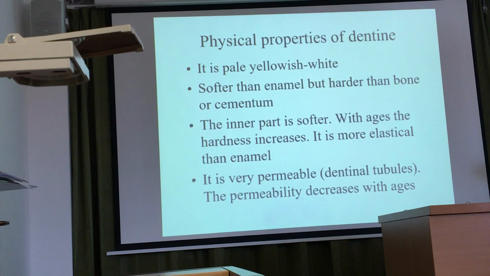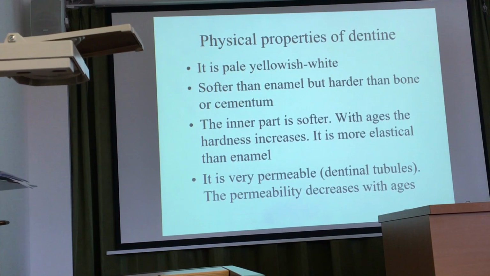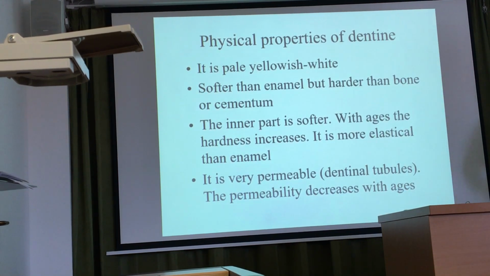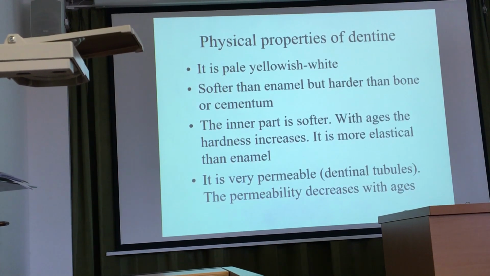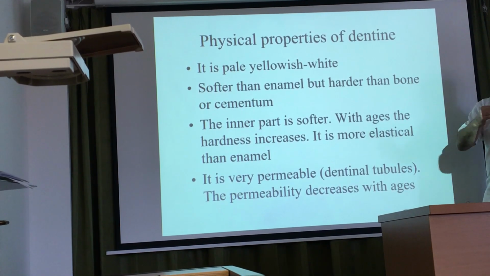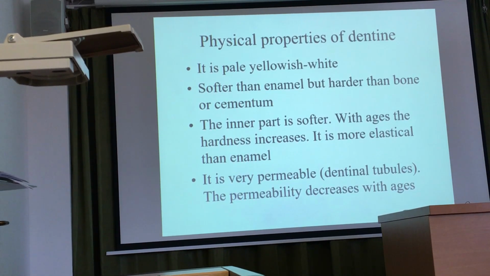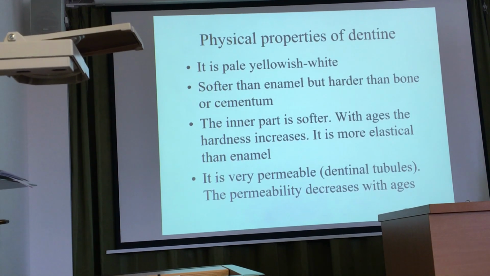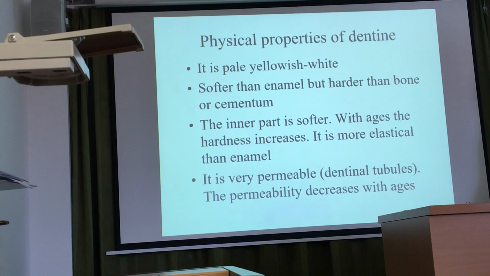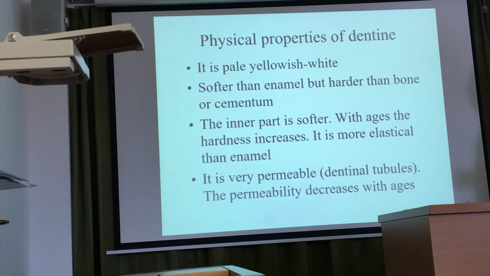And even with aging, the aged dentin in old people, the hardness of the dentin is increasing with age. And when the dentin is harder, the cushioning effect to prevent the enamel from breakage is less effective, and those teeth will break, the enamel will break more easily because of root canal treatment, because of aged dentin and aged teeth.